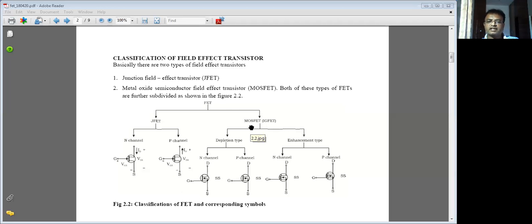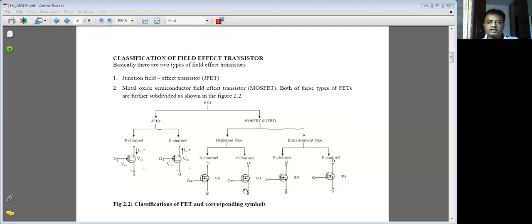MOSFETs once again are classified into two types: depletion type MOSFET and enhancement type MOSFET. In detail, we will study in the later classes what is depletion type MOSFET and what is enhancement type MOSFET. In turn, they are classified into N-channel depletion type MOSFET, P-channel depletion type MOSFET, N-channel enhancement type MOSFET, and P-channel enhancement type MOSFET.